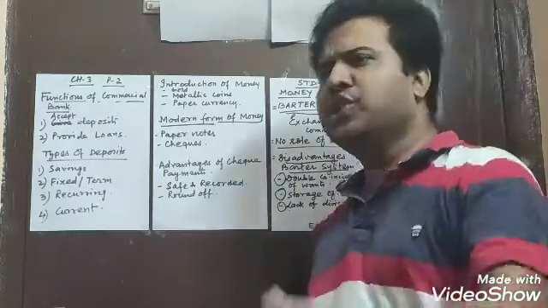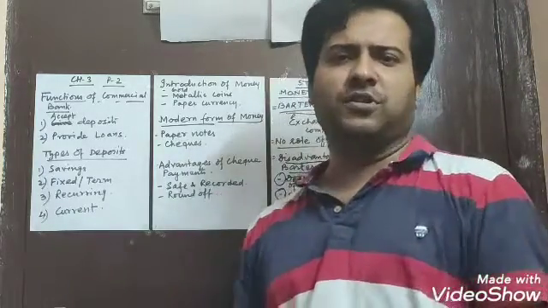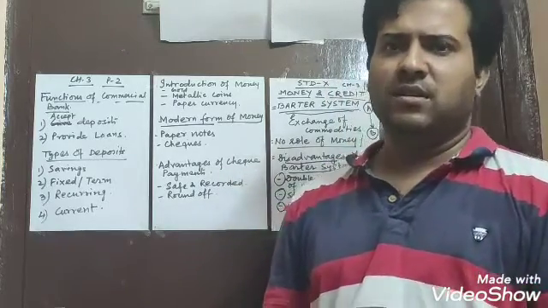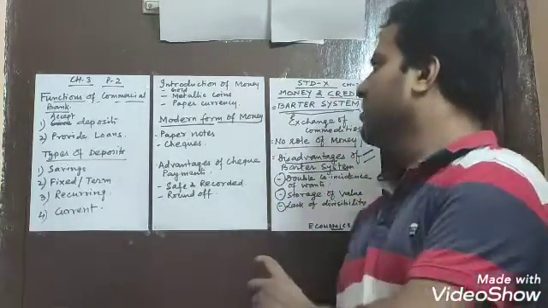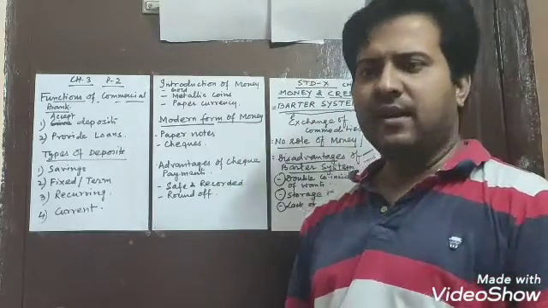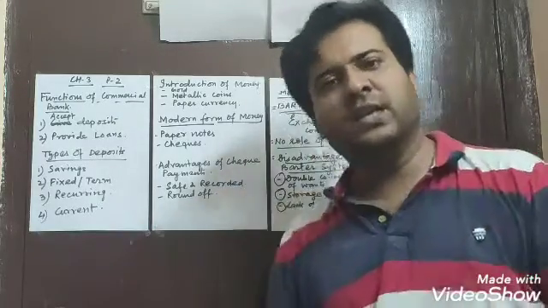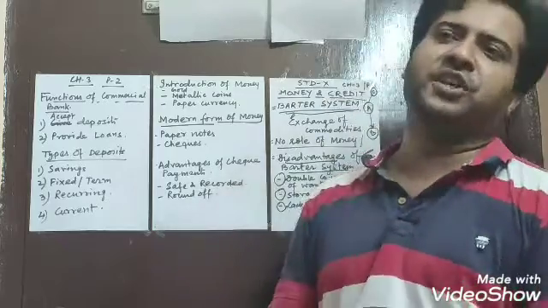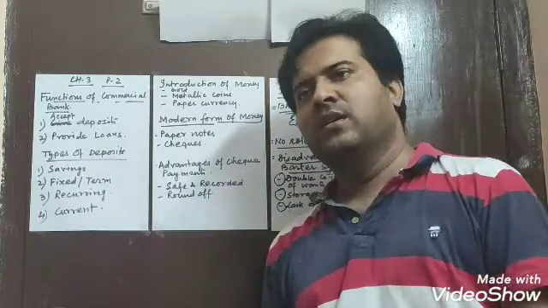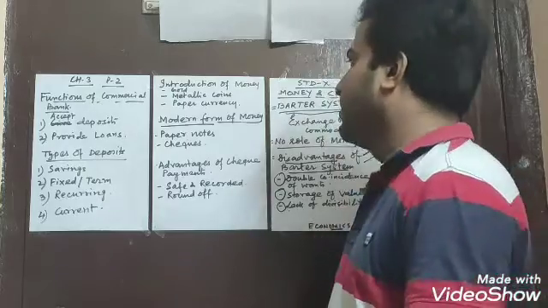Then the cheap metallic coins were introduced, such as copper, such as bronze. These coins gained a lot of popularity and it was accepted as a stable medium of exchange. But still, there were certain problems.